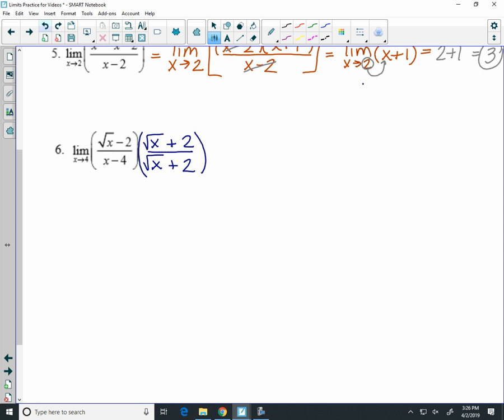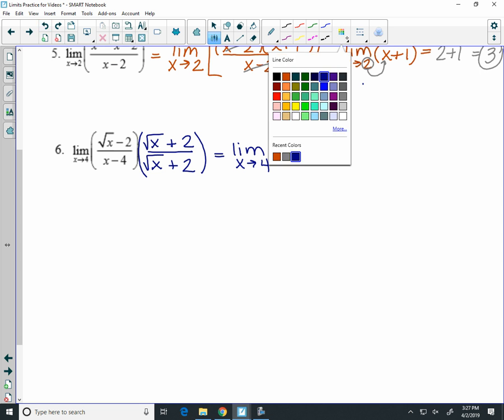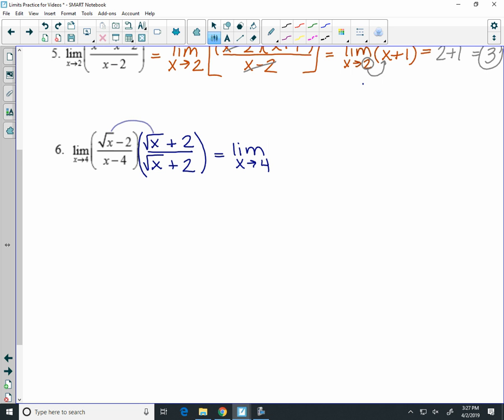So I'm multiplying by 1. It's a fancy one, of course. And so it doesn't change the value of my equation, but it is going to change how I can write it. You'll notice I'm going to keep going with my limit notation. In the numerator, I'm going to multiply this out. So I'm going to do square root of x times square root of x is just an x.